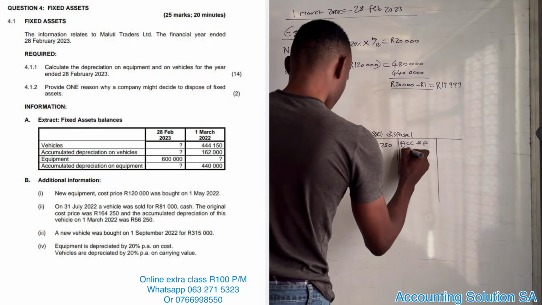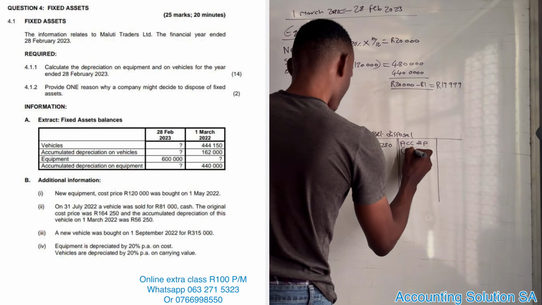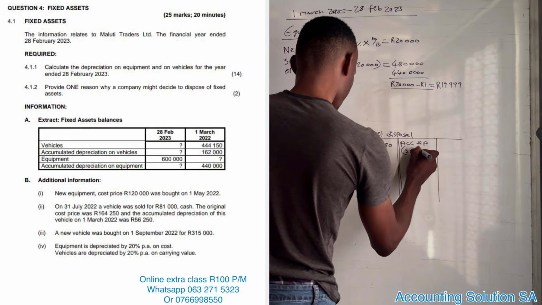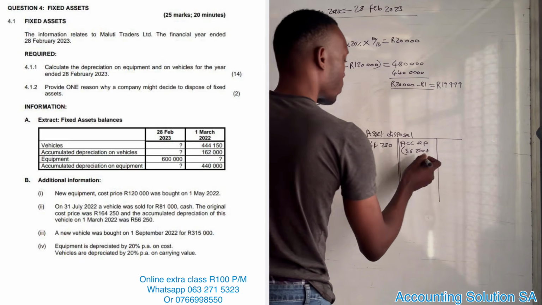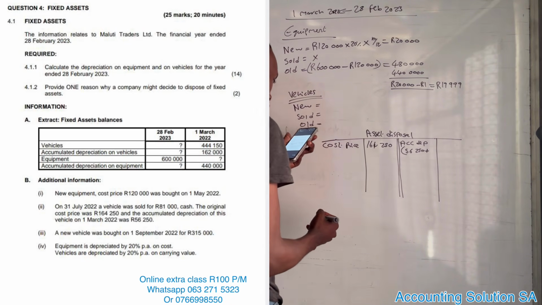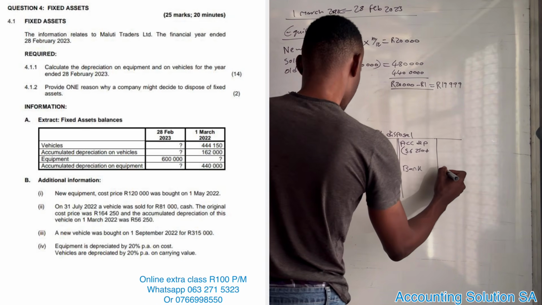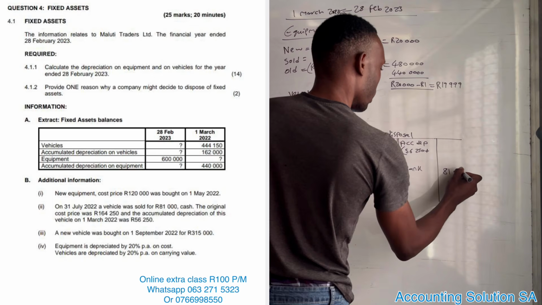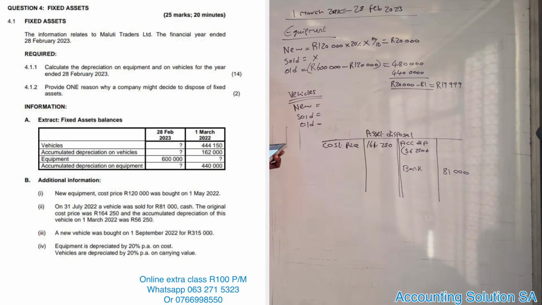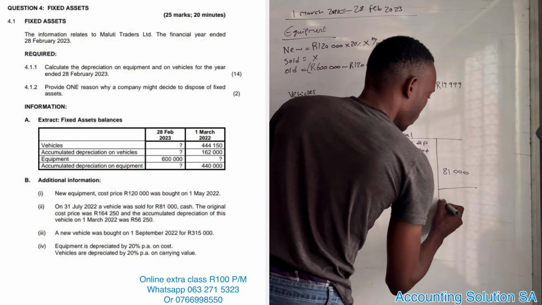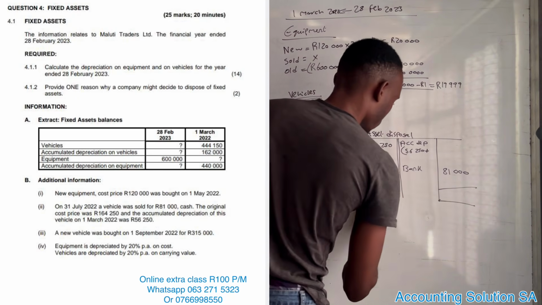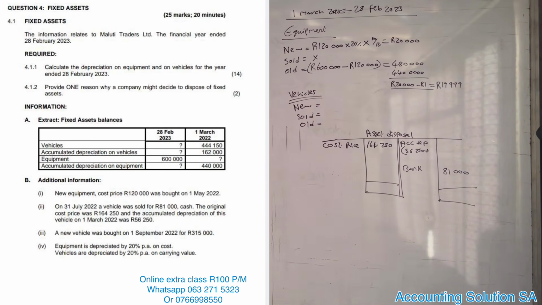Under accumulated depreciation, we add the one that we had, 56,250, plus the one that we are going to calculate. And it was sold for how much? By cash. Cash is bank, and we write an amount of 81,000. After that, we can decide whether it's a profit or a loss.